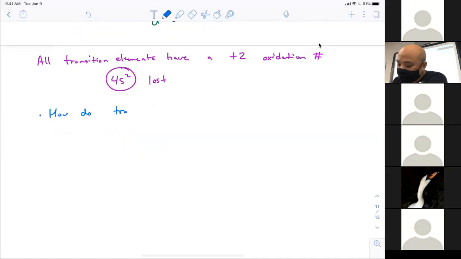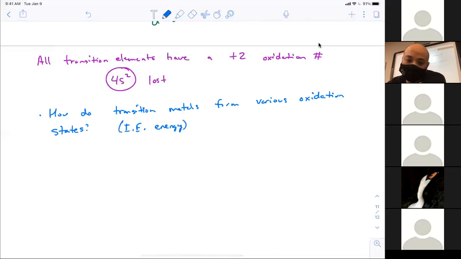So how do transition metals form various oxidation states? It has to do with ionization energy, because when you look at your electron configuration, you'll see different points at which it makes sense for an element to lose electrons.